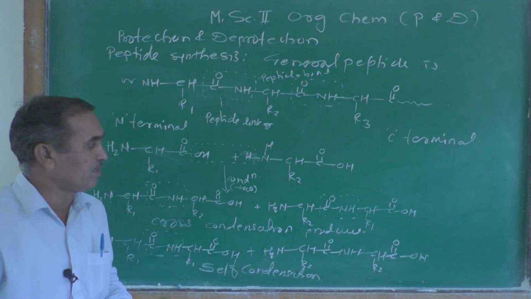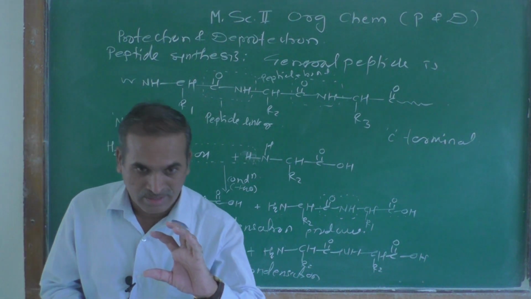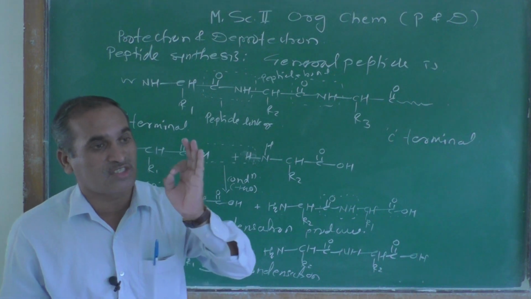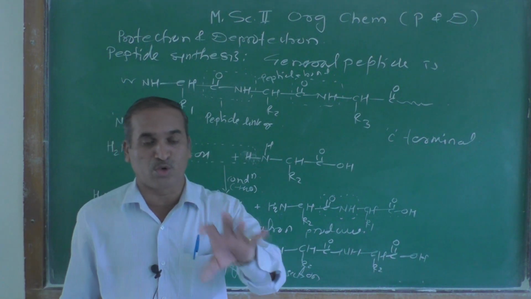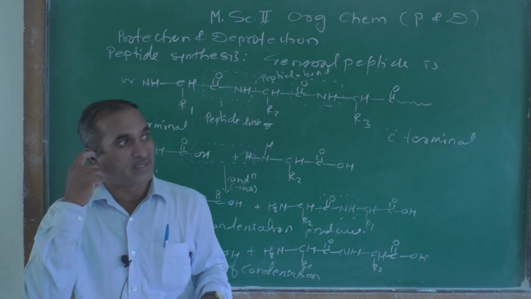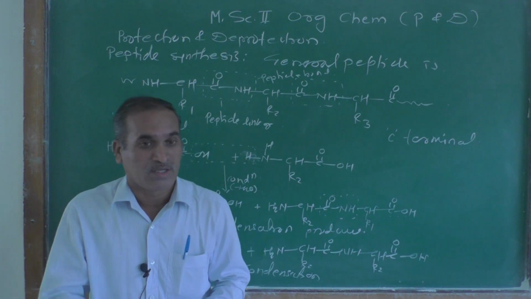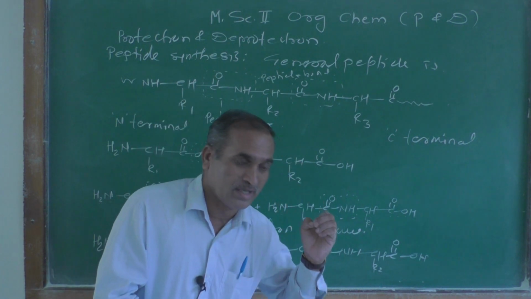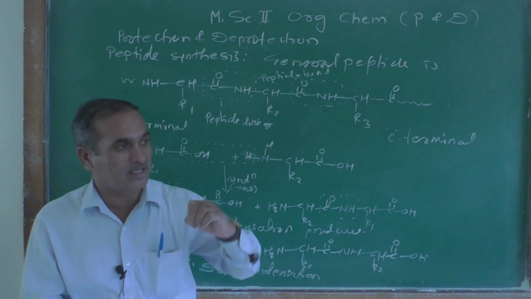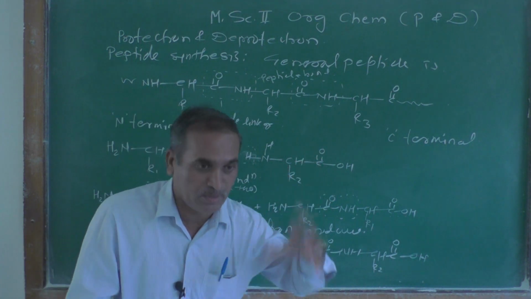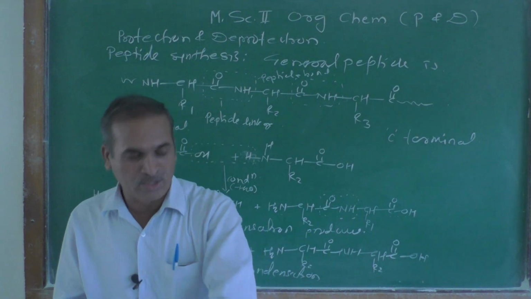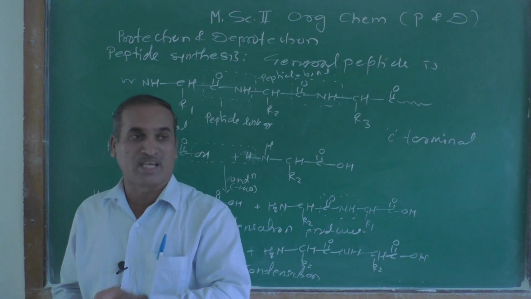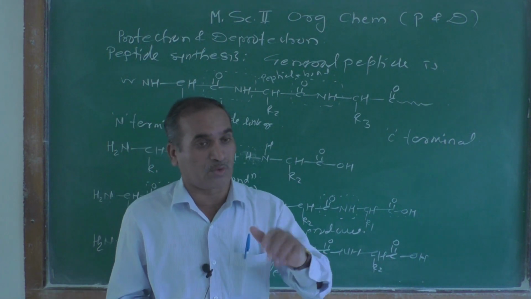To avoid such a mixture, planned synthesis is carried out in the laboratory, and for that purpose you can protect either the amino group or the carboxylic acid group of one of the molecules by using a suitable protecting group.